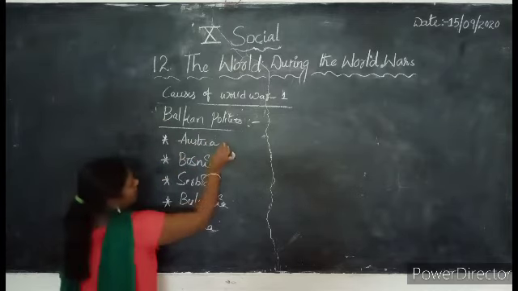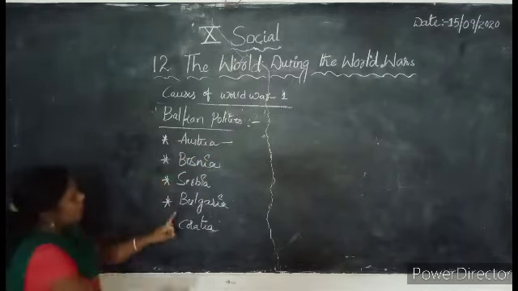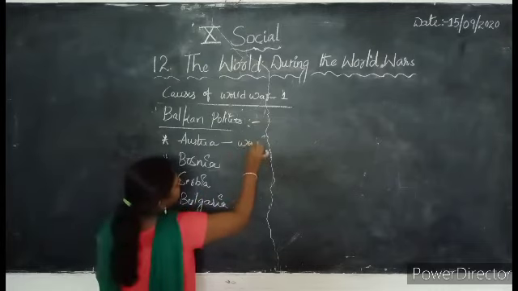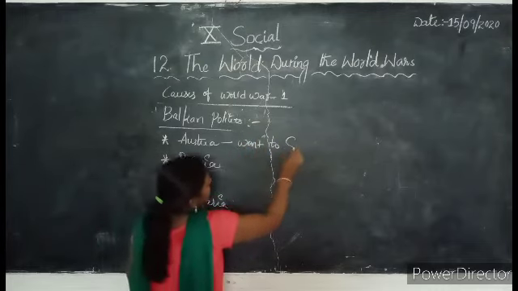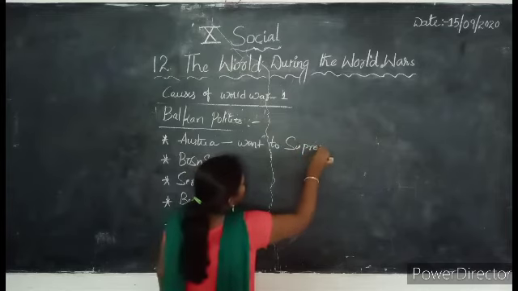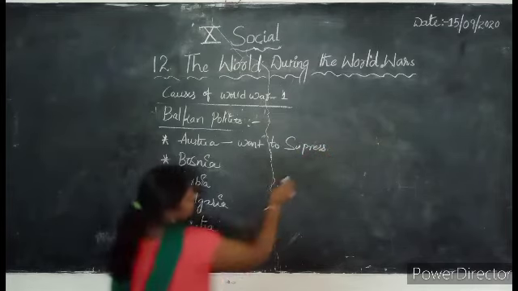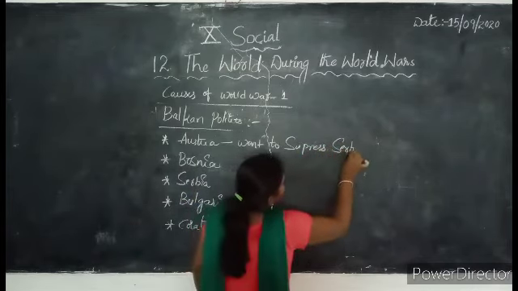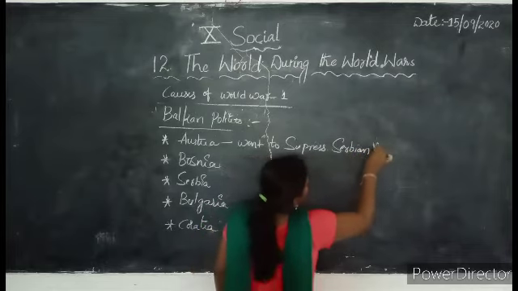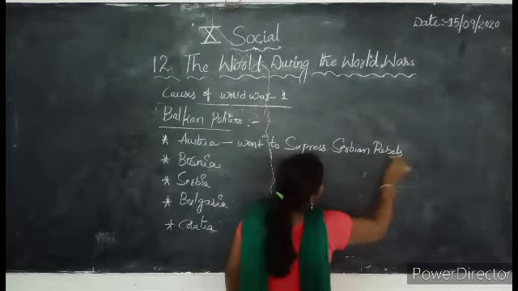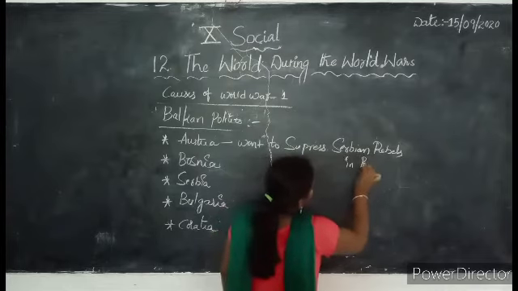So this Austria wants to suppress the Serbian rebels in Bosnia.